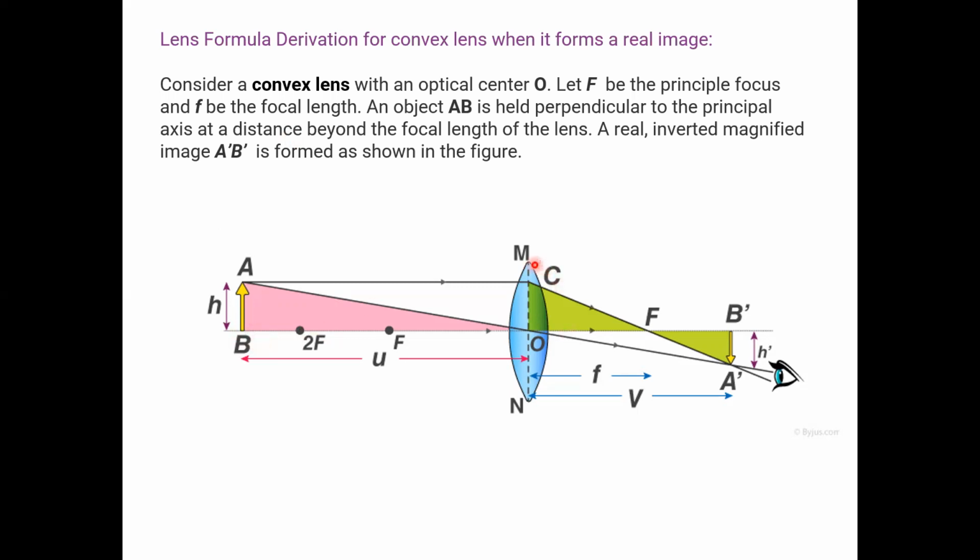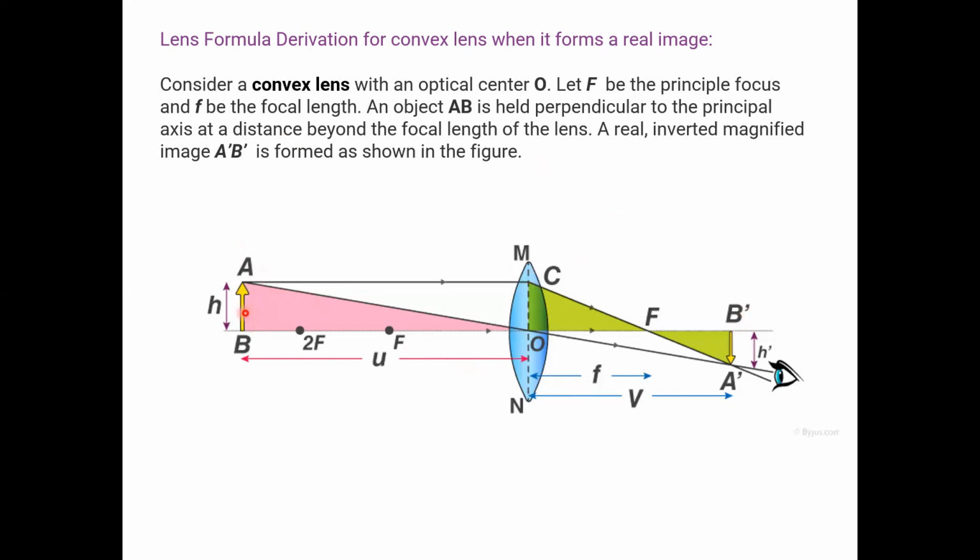Now this is the thin convex lens, and O is the optical center. What is F? F is the principal focus, and the small f means focal length. Okay. Now, for that position of the object, you will get a real inverted image A dash B dash.